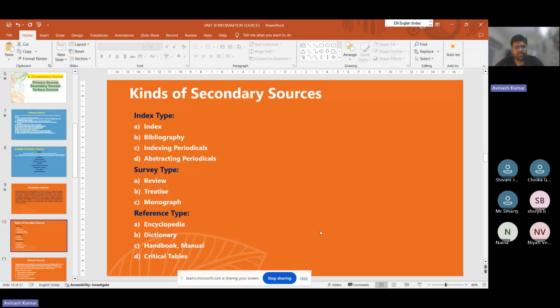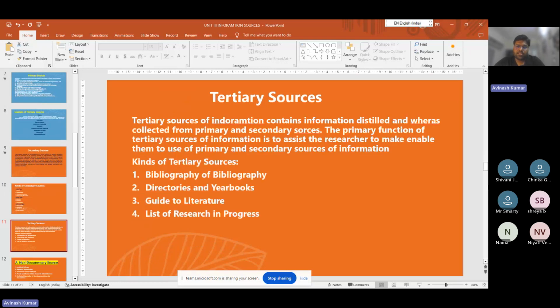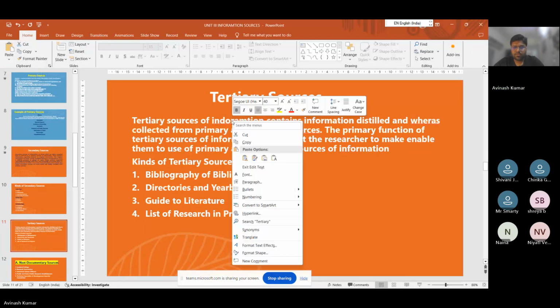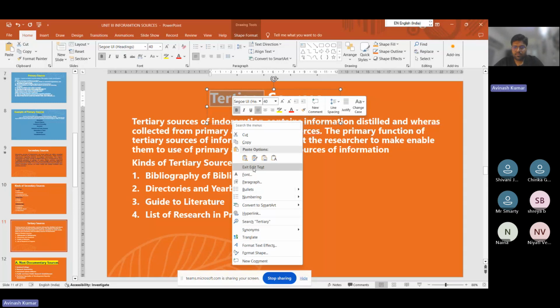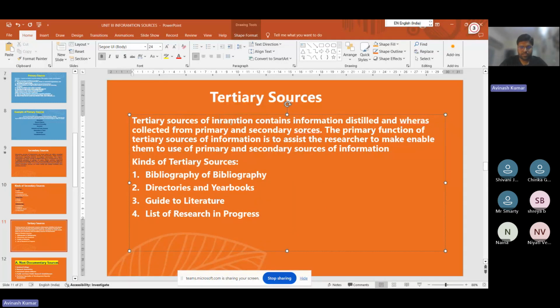And last is the tertiary sources. What are the tertiary sources? Tertiary sources of information contain information distilled and collected from primary and secondary sources.